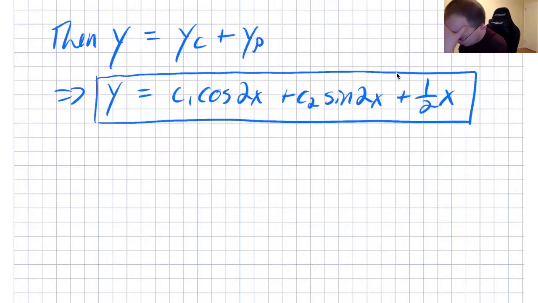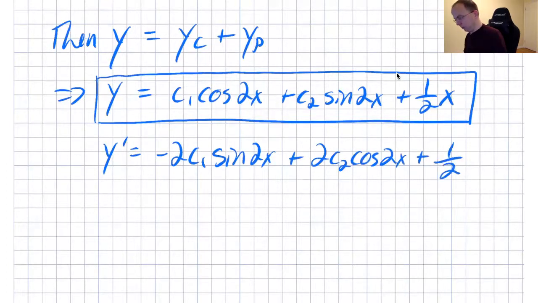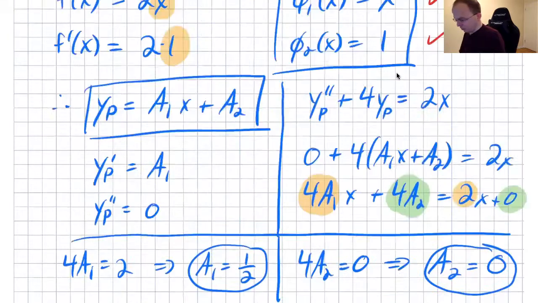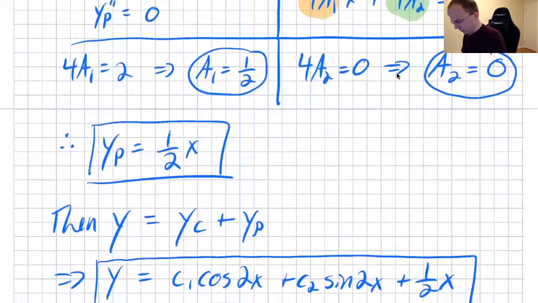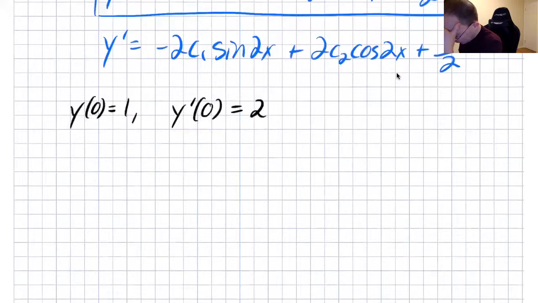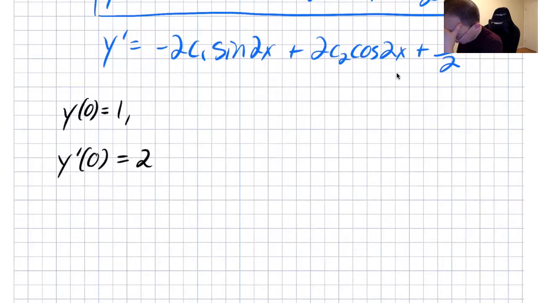So to do the initial conditions, we will need the derivative of this. So let's go ahead and do that. Okay, there's the derivative. And let's go and get our initial conditions from up here. Okay, so what do we have?